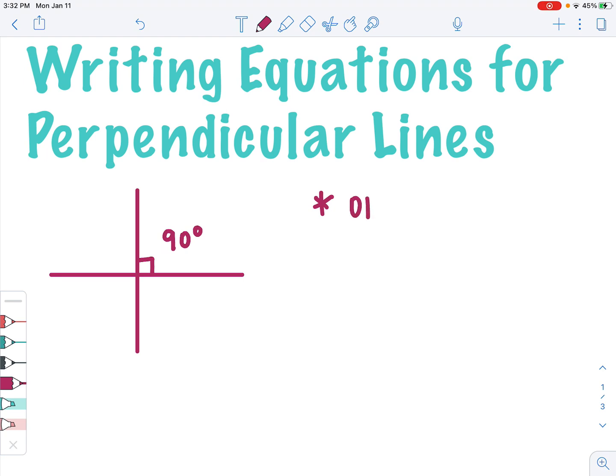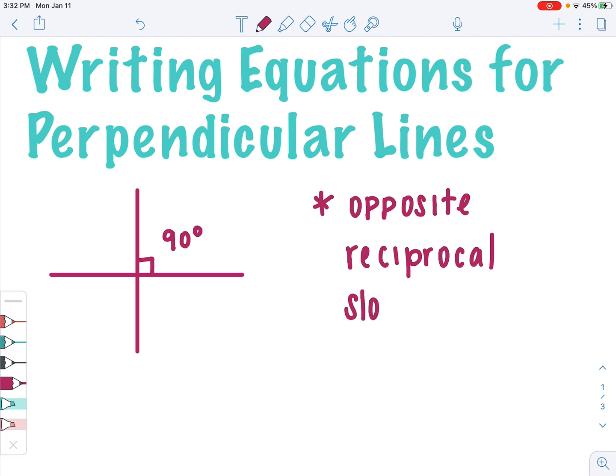perpendicular lines have opposite reciprocal slope, which is just a big fancy way of saying change the sign. So if it was positive, make it negative.